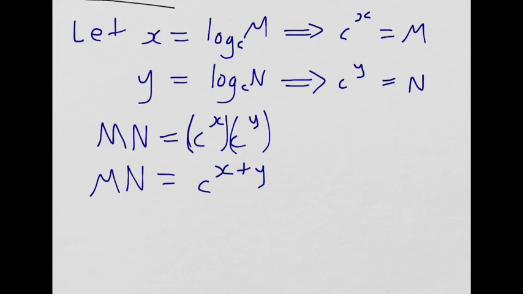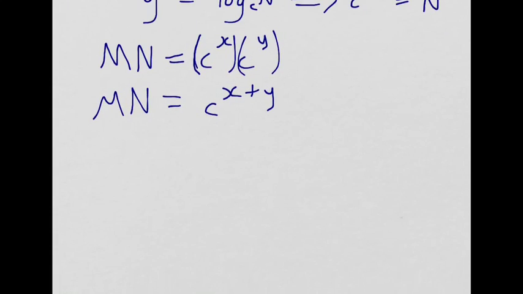Now what I'm going to do is I'm going to take this whole statement and rewrite it in logarithmic form. Okay, c to the x plus y is equal to mn. All right, in logarithmic form, that becomes log base c of mn equals x plus y.